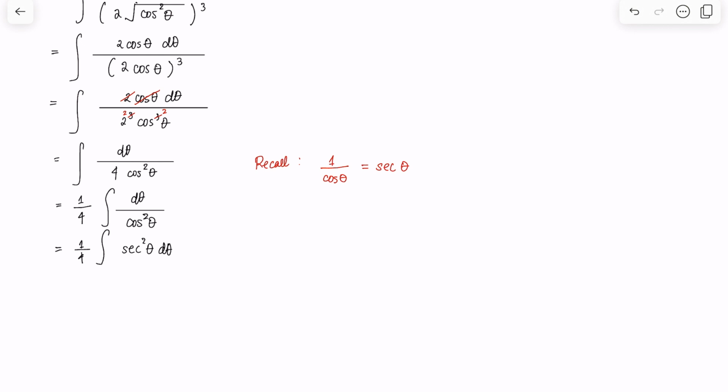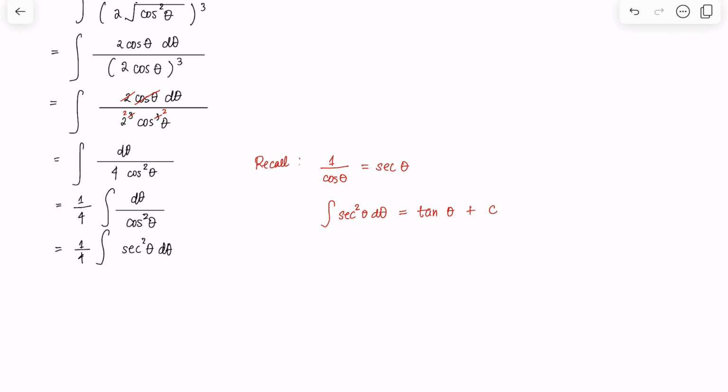Now I'm hoping you understand why we did this, because you need to recall also that the integral of secant squared theta d theta is very simple, and that is just the tangent of theta plus c.